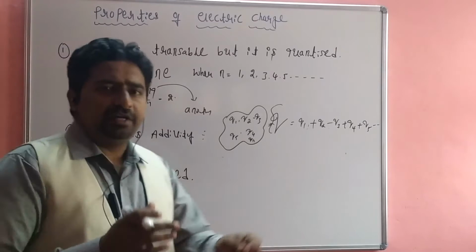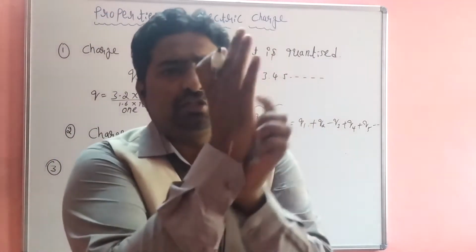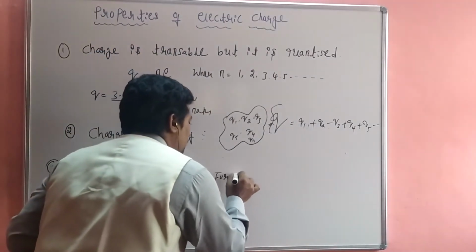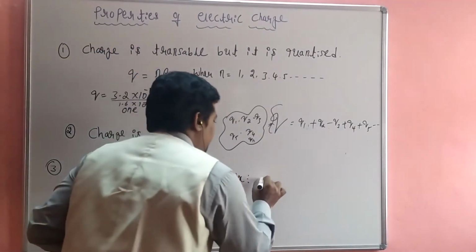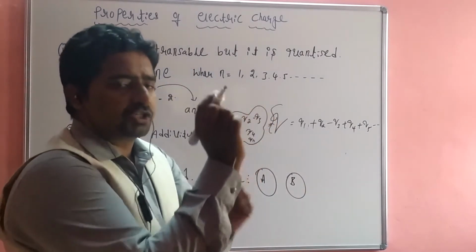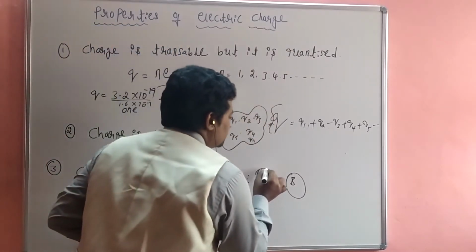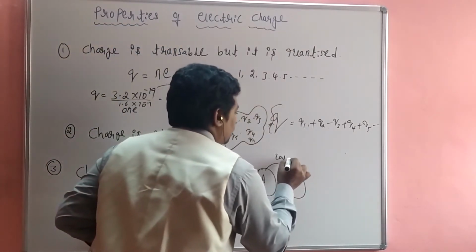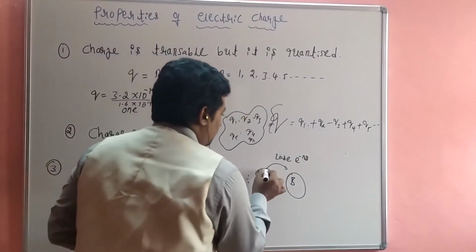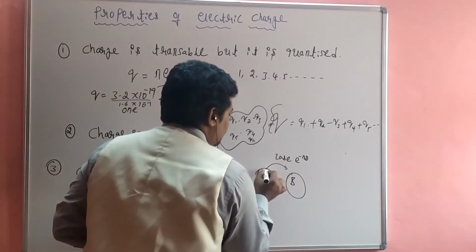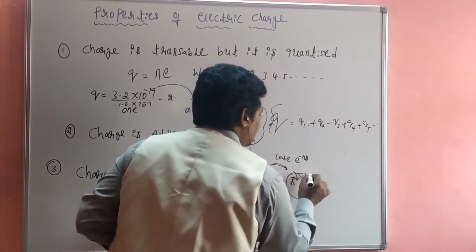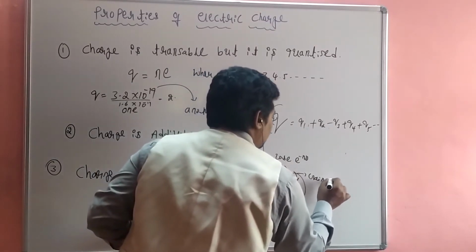Let's see. When two bodies are rubbed with each other, for example body A and body B, one body loses electrons and the other body gains electrons.